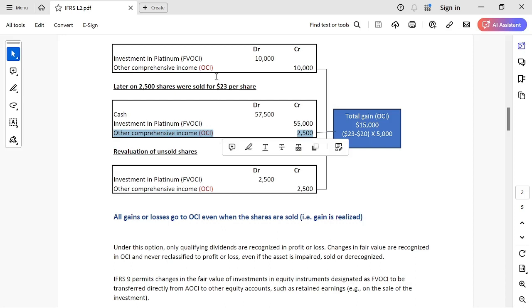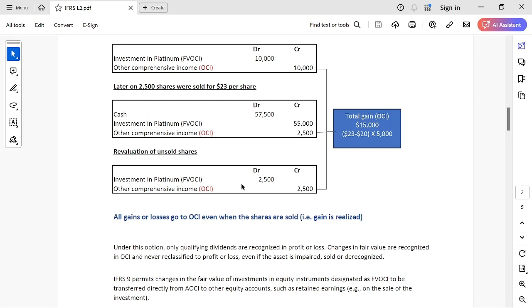So again, everything is going to OCI, even when this gain here is realized, because this gain resulted from a sale of shares. So still it goes to OCI and not through profit or loss. This 2,500, and we have to revalue the unsold shares, the other 2,500 shares.